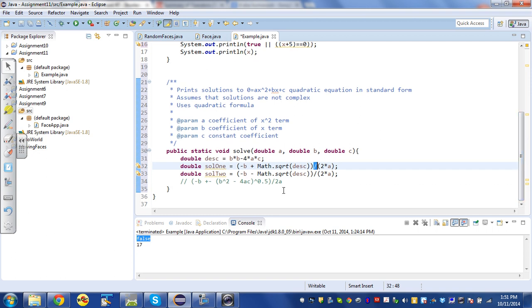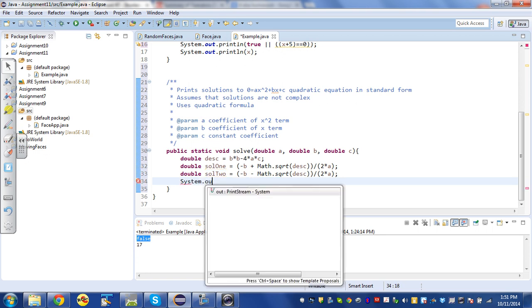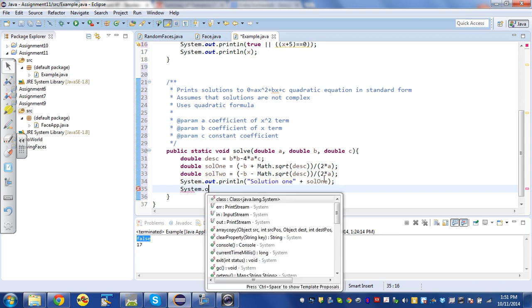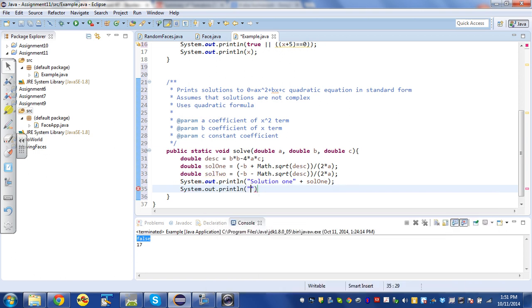Let's see. Okay, so then once we've got our solutions, all we have to do is print them out. System.out.println solution 1, solution 2.